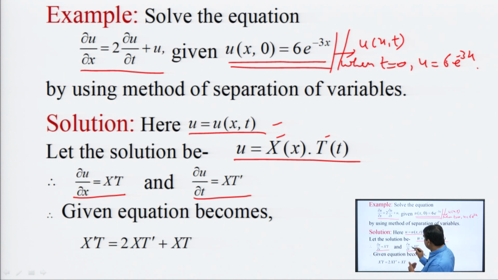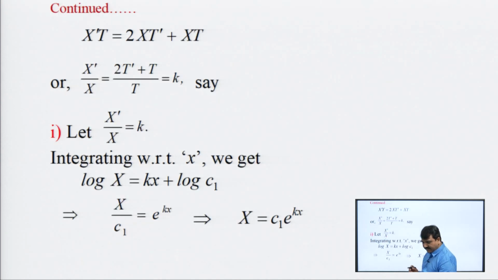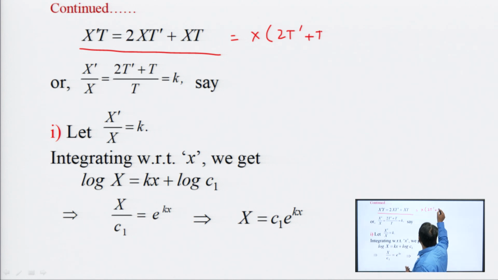When you put these values of the partial derivatives in the given differential equation, then X dash T is equal to 2 X T dash plus X T, since u is X T. So, we have X dash T is equal to 2 X T dash plus X T, which can be written as X dash T equals X into (2 T dash plus T).